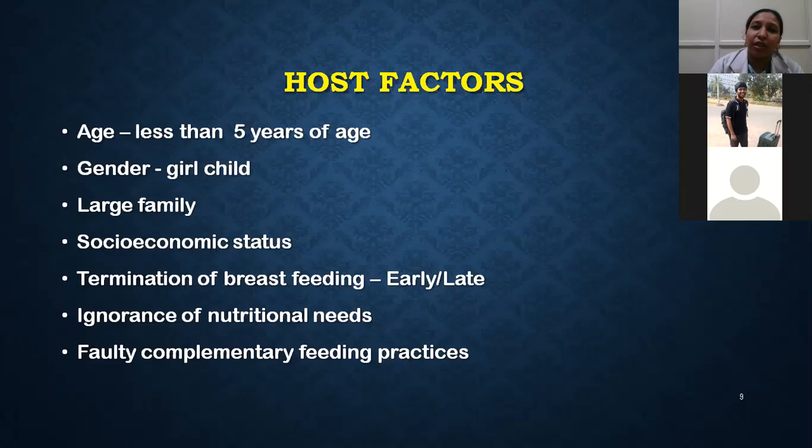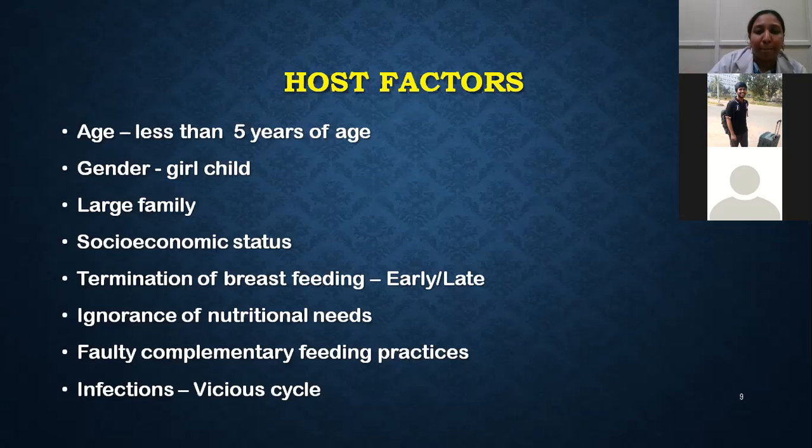You have to start with soft, semi-solid foods like mashed banana, mashed vegetables, cooked dal, like that. But the child rearing practices are also very important, because the bringing up of a child is not so easy. They may land up in undernutrition if proper care and nutrition is not provided to them.